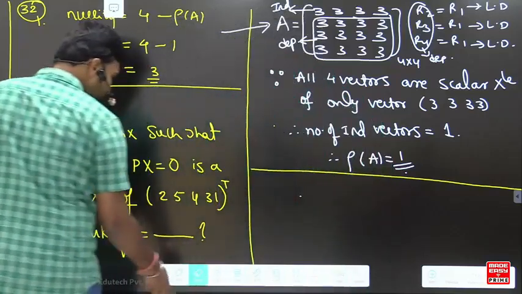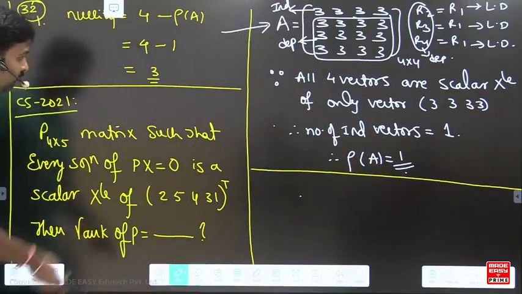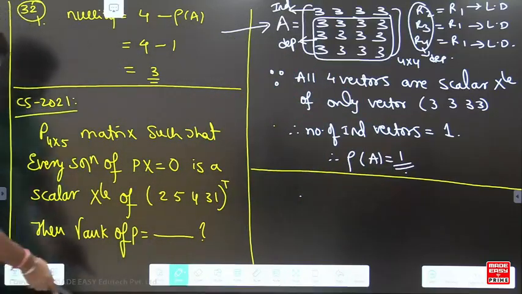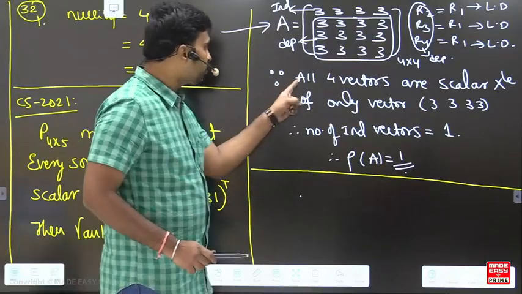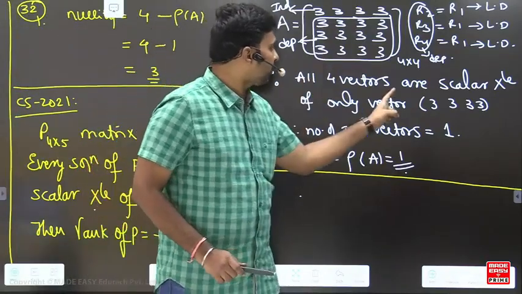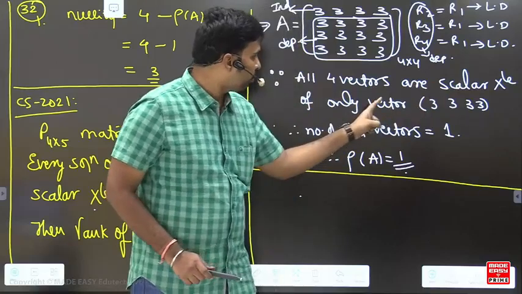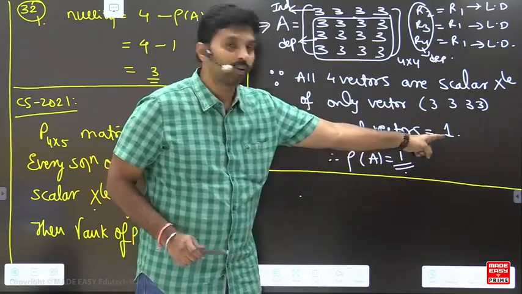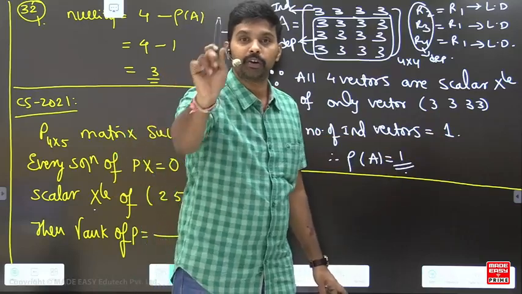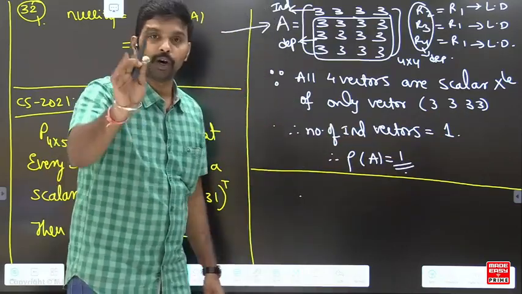Now, there is a terminology, my dear. Please understand this. Here, all the vectors are scalar multiples of only one vector. So how many independent did I take? One I took. Correct or not? The number of independent is one here.